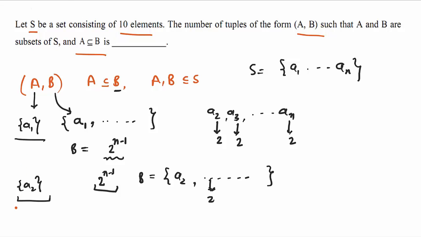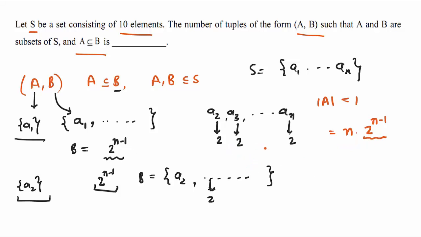So here, total, if A is having only one element, if cardinality of A is 1, then total possibilities for B will be n into 2 power n minus 1, right? Why? Because this 2 power n minus 1 is coming from the choices for every element that we have, right?